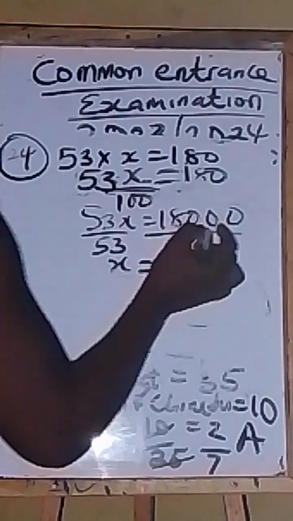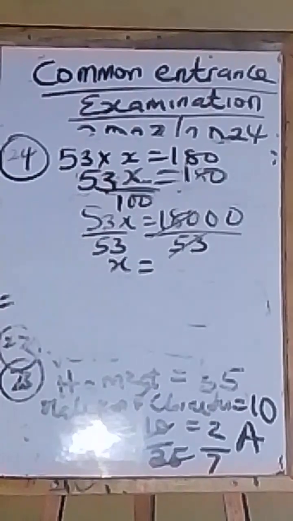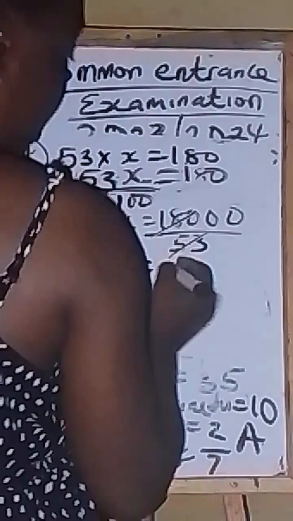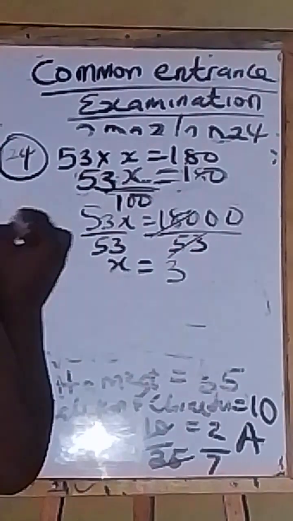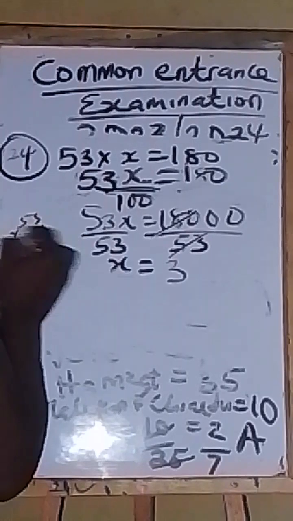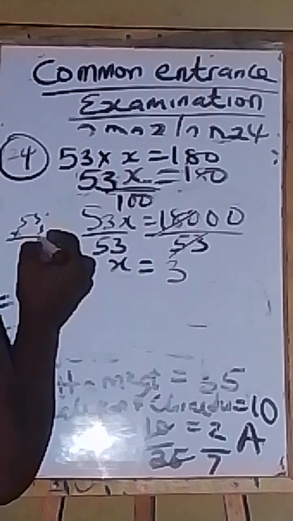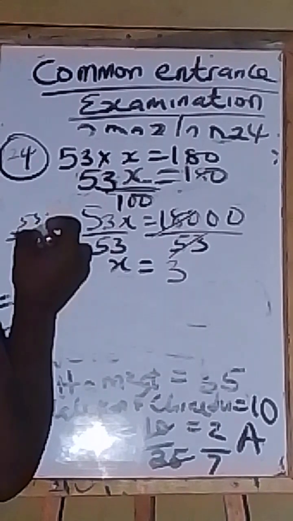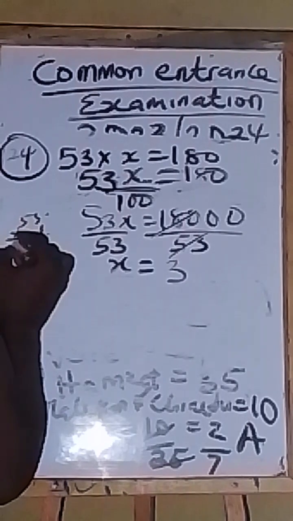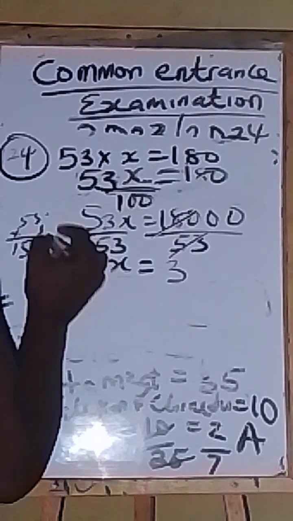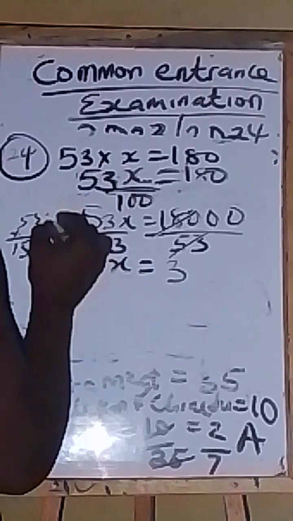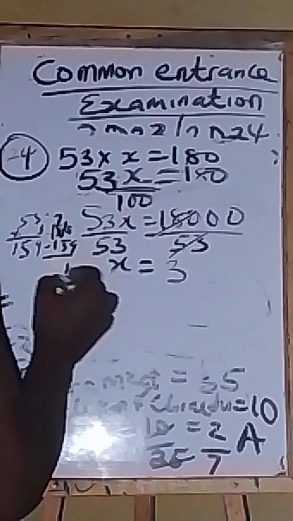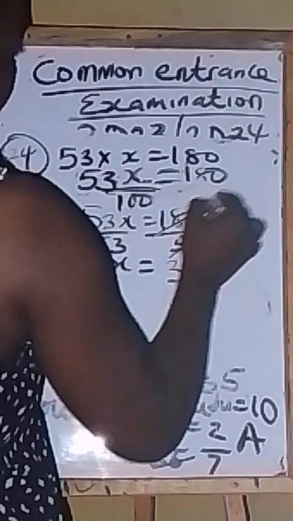we have 53 and 180. 53 times 3, 3 times 3 is 9, 3 times 5 is 15. That's 159. So 180 minus 159 is 21.